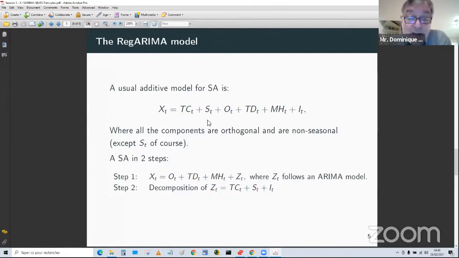So in this case, all the components are supposed to be orthogonal and non-seasonal, except, of course, the seasonal factor, okay? So be careful about all the consequences of the hypothesis. If I say they are non-seasonal, so trading day should not be seasonal, okay?